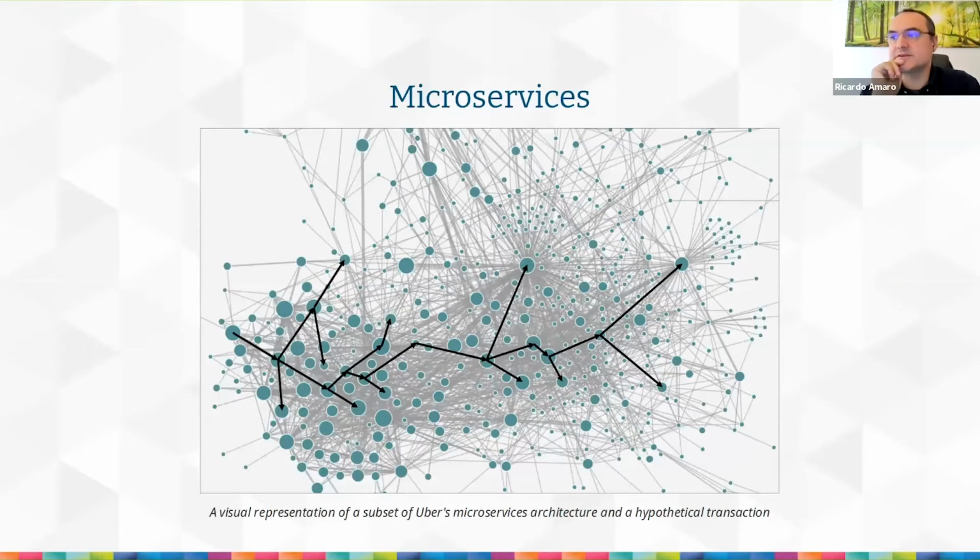As an example, here you have a visual representation of Uber's microservice architecture and a kind of hypothetical transaction. There are quite a few challenges with this design.